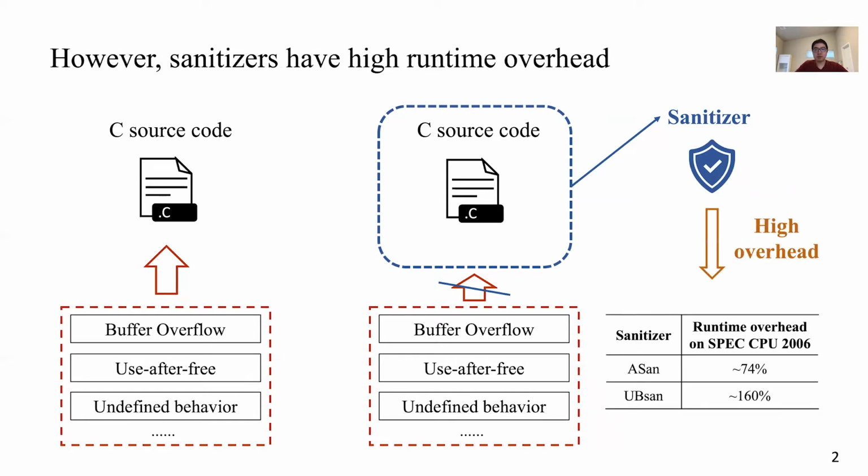However, in practice, the runtime overhead caused by sanitizers is very high, which inhibits their adoption in production. For example, our results on SPEC benchmarks show that the geomean runtime overhead induced by AddressSanitizer and UndefinedBehaviorSanitizer can be up to 74 and 160% respectively. So the problem is, can we reduce it?